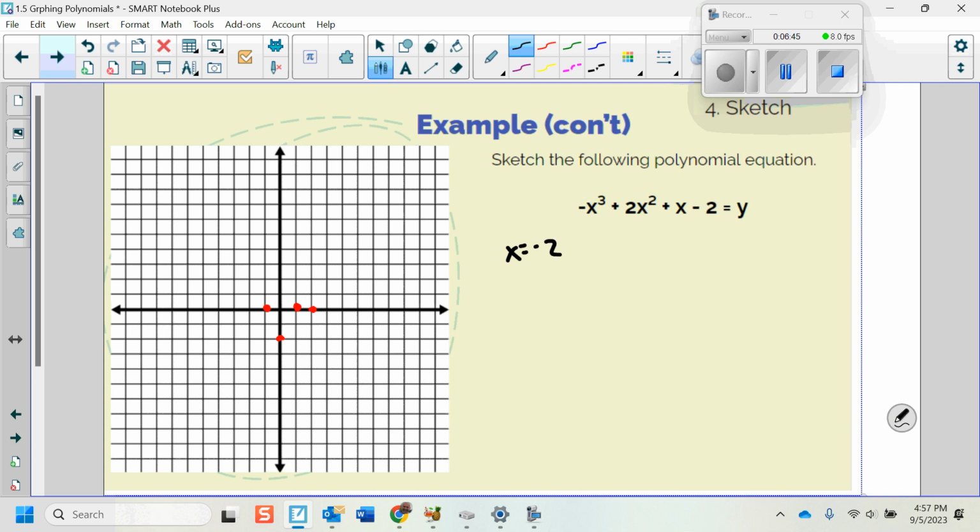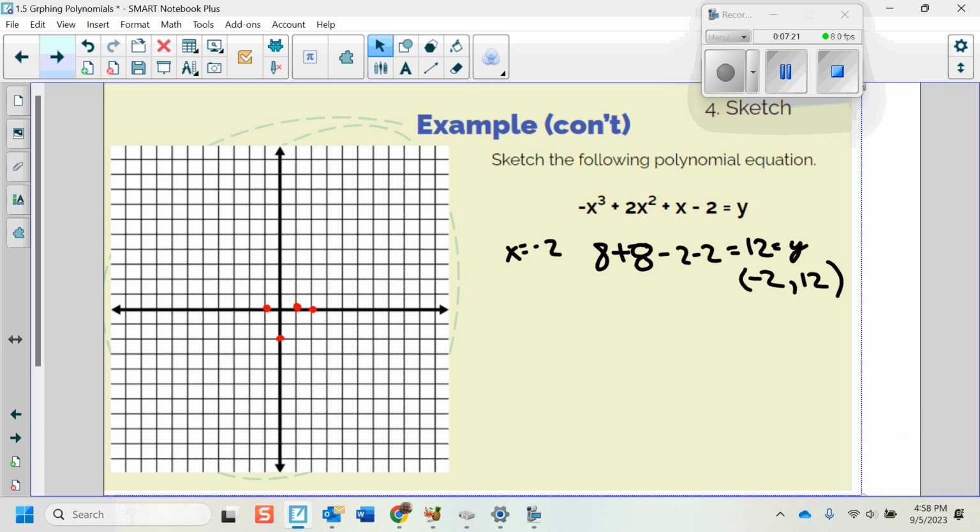That's going to make that -8 a +8, plus 8, minus 2, minus 2. That's 16, minus 2 is 14, minus 2 is 12. So that gives me (-2, 12) as another point.